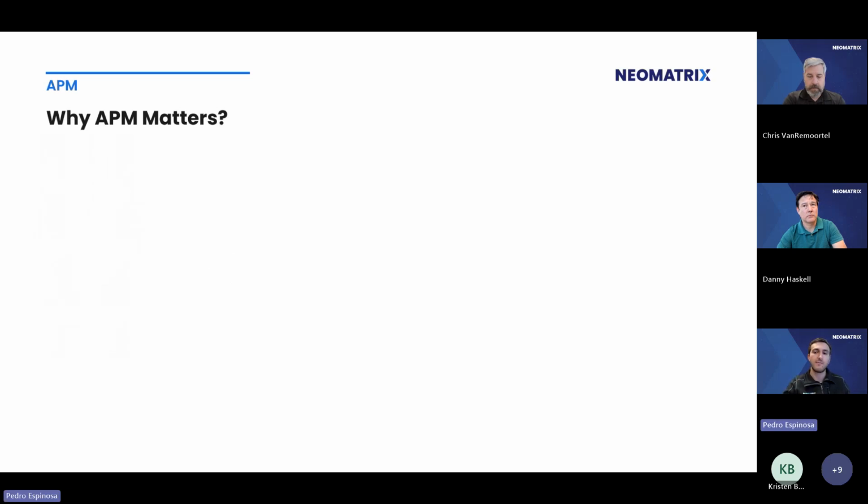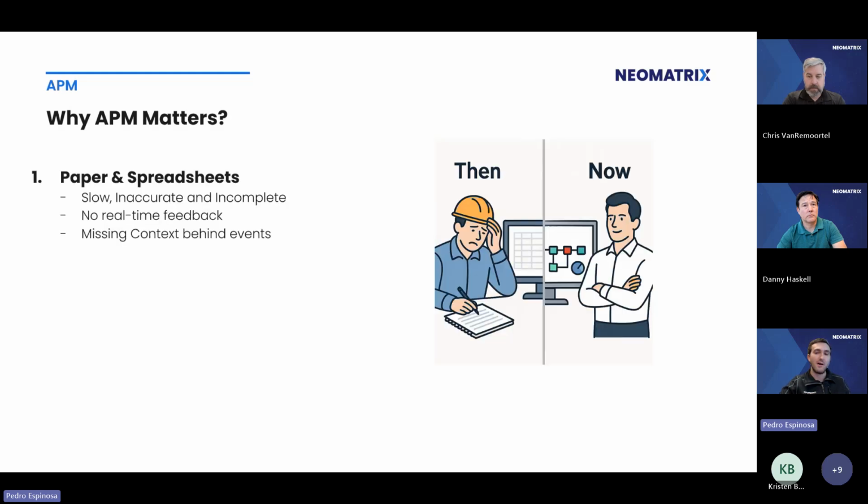Now that we've seen what APM is and what it does, I want to talk about why it actually matters, right? Especially in the environments that many of you work in. The first one is that paper and spreadsheets fall short. Many plants are still tracking downtime, throughput, or even OEE in Excel or worse on paper, which introduces delays, inconsistencies, and zero context, right?